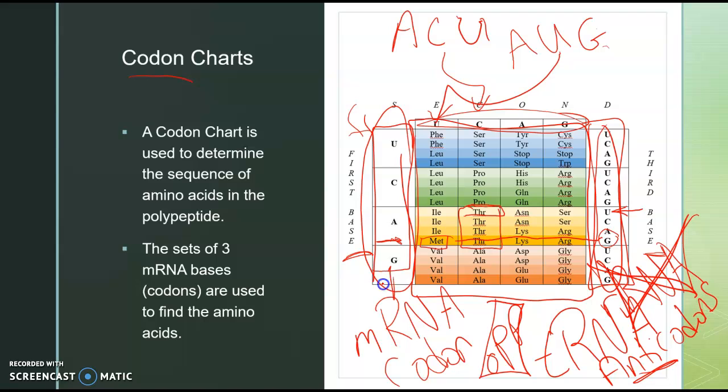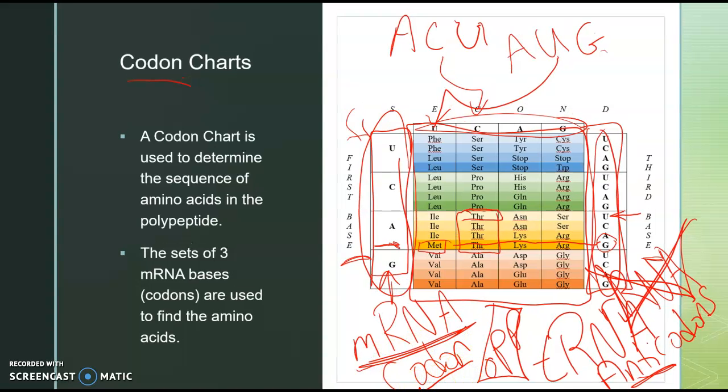So these are looking at your mRNA codons, not the tRNA anticodons, and not the rRNA.